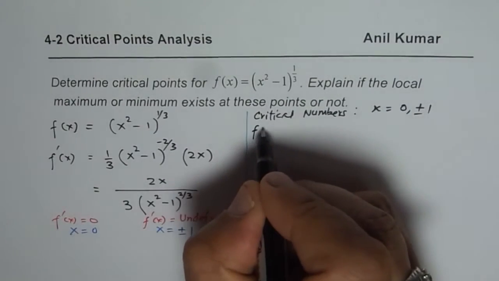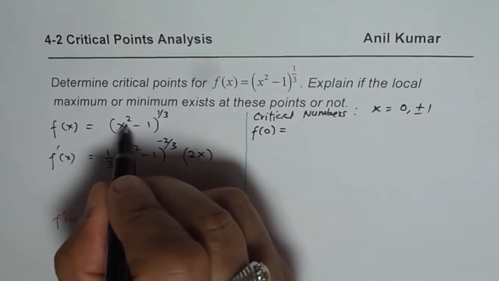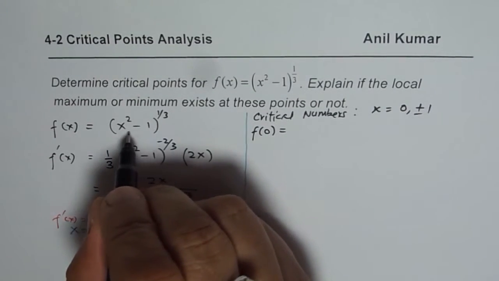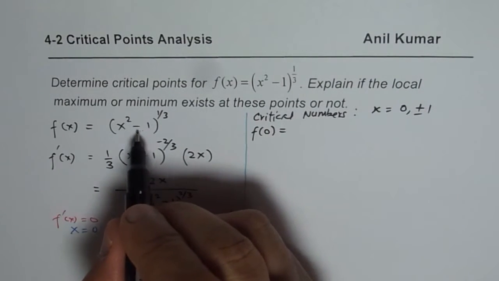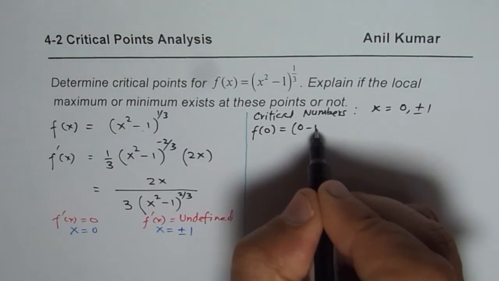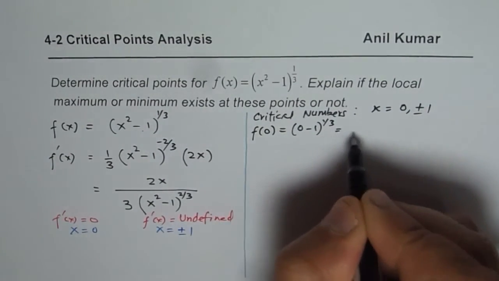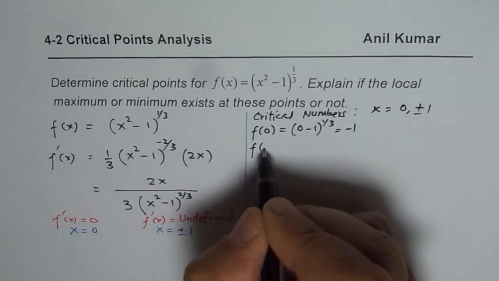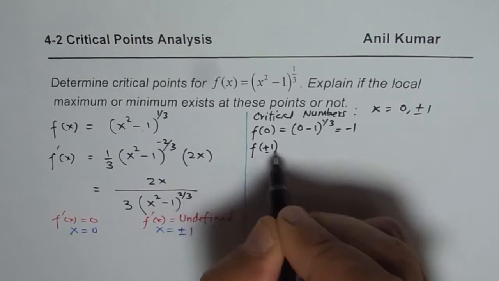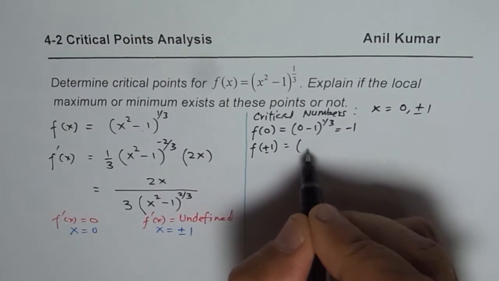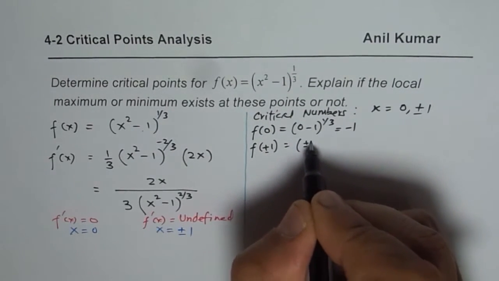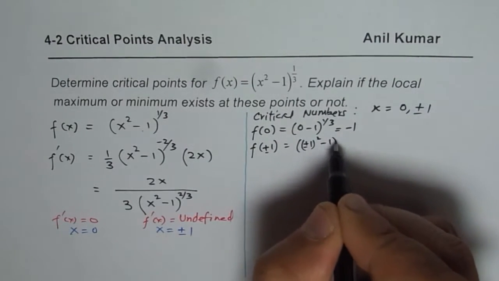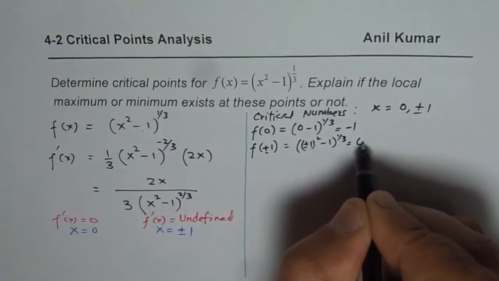So we have f of 0 equals 0 minus 1 to the power of 1 over 3, which is minus 1. And f of plus 1 and minus 1 will give me (plus or minus 1) whole square minus 1 to the power of 1 over 3, which is 0.